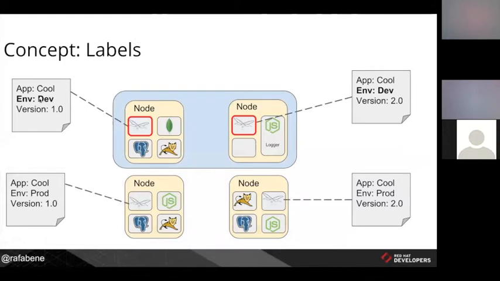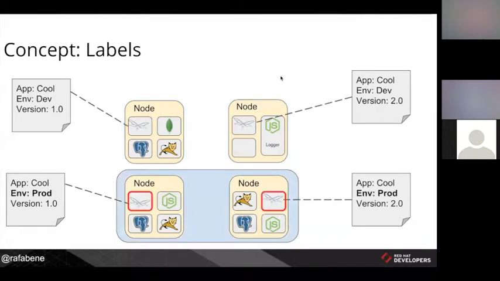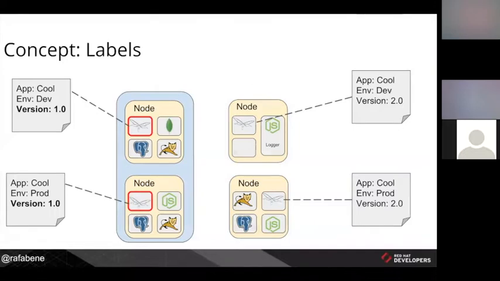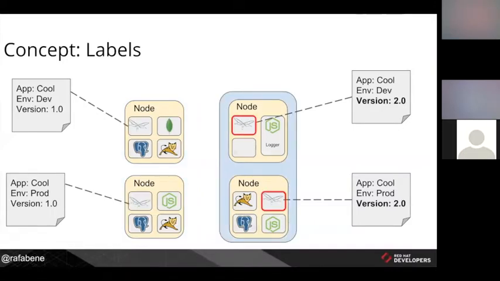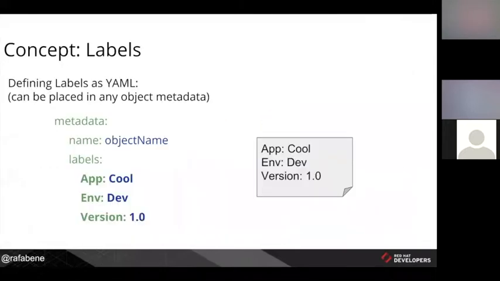I can also get everything that contains the label env equals dev. I want to know everything that's running on production, everything that's running version 1.0, everything that's running version 2.0. So note that I can use a mix of labels and just look for those specific labels in my cluster.